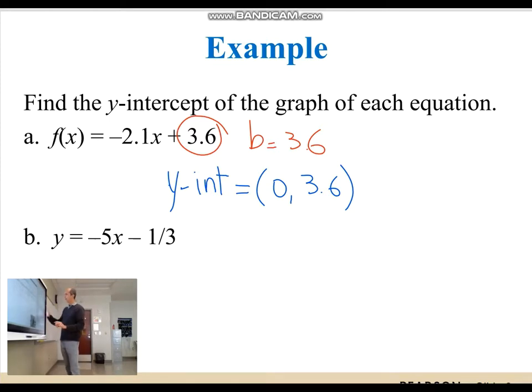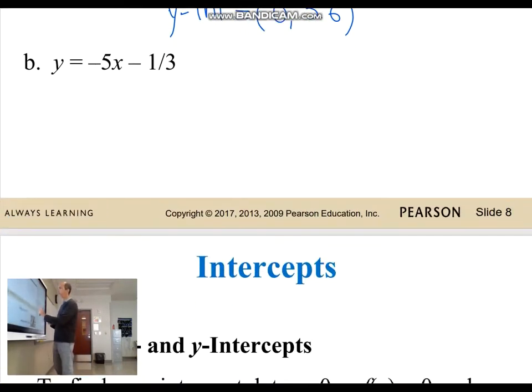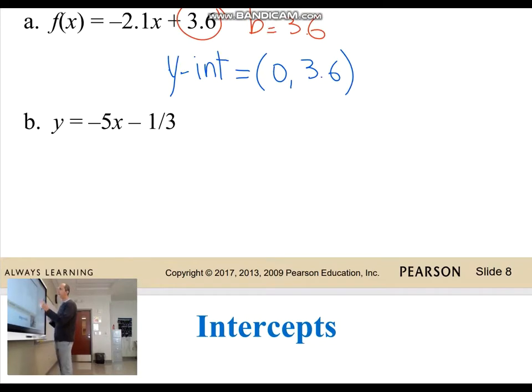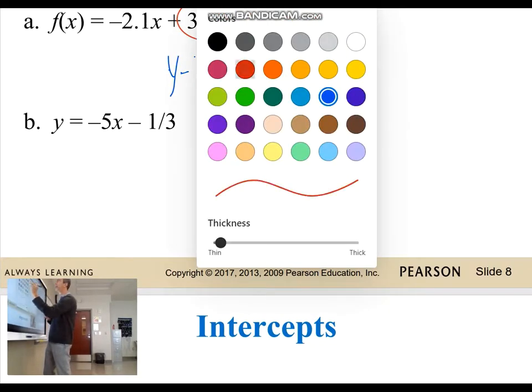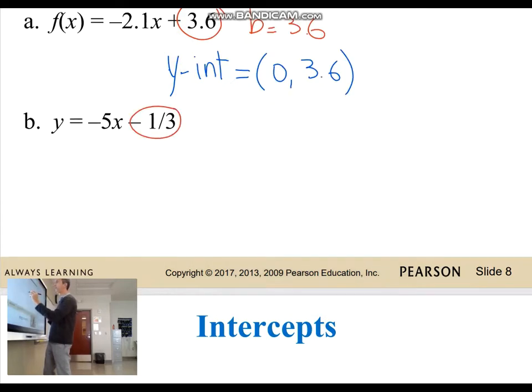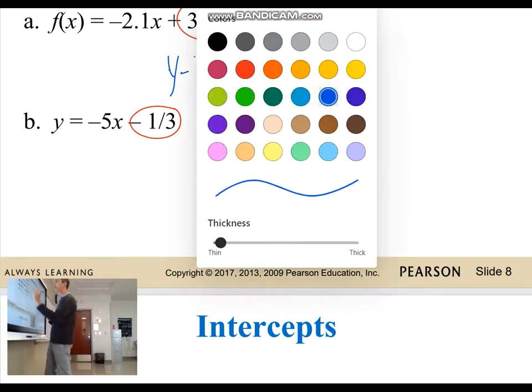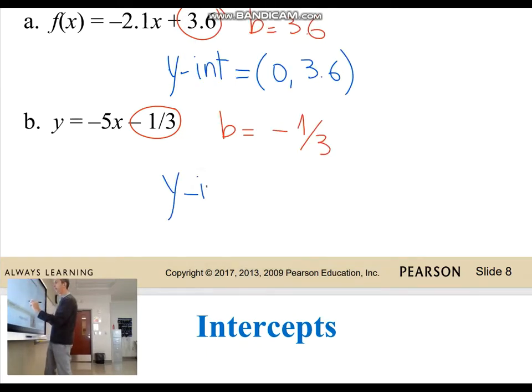The next question here, b. Now y equals negative 5x minus 1 over 3. Negative 1 over 3 is b. b equals negative 1 over 3. The y-intercept is (0, negative 1 over 3).